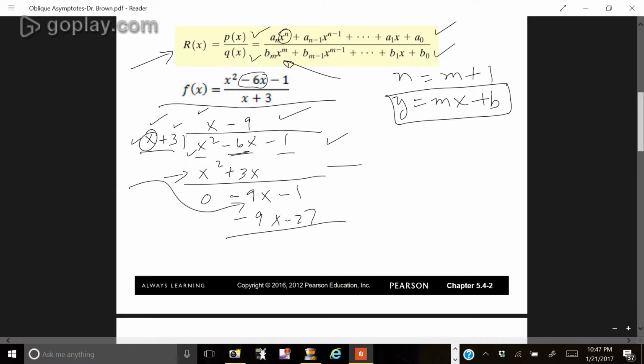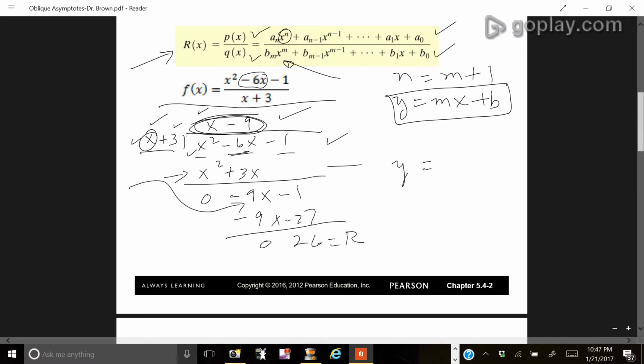Now subtract, and we get minus 9x minus minus 9x is 0. Minus 1 minus minus 27 is plus 26. This is the remainder, but notice we have the oblique asymptote, which will be y equals x minus 9.